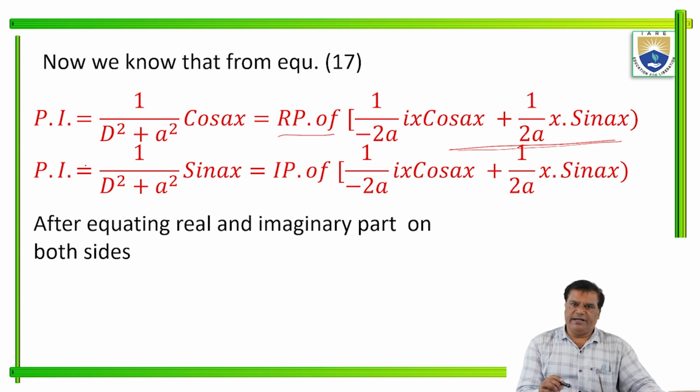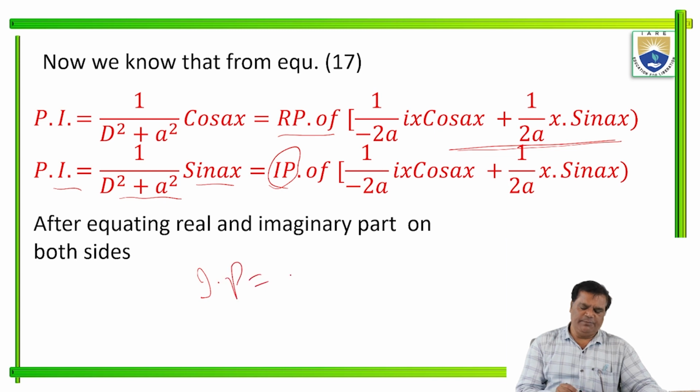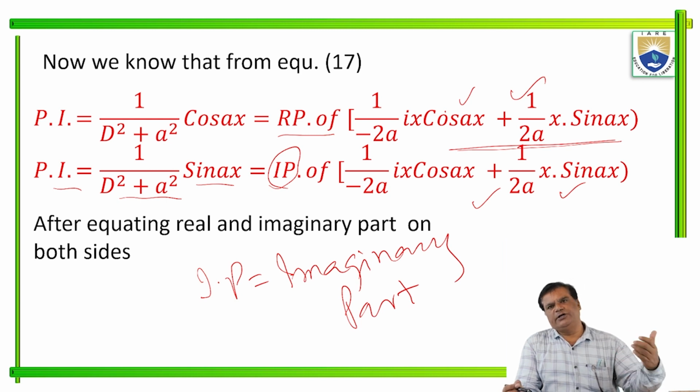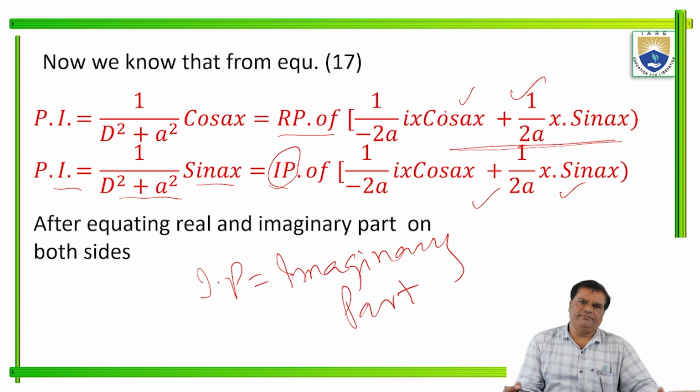If sin ax is given in our question, PI equals 1 upon D square plus a square sin ax, so we take the IP, the imaginary part. Both solutions are the same, but in one result we take the real part and in the other the imaginary part. Then we get the particular integral of both equations 3 and 5.